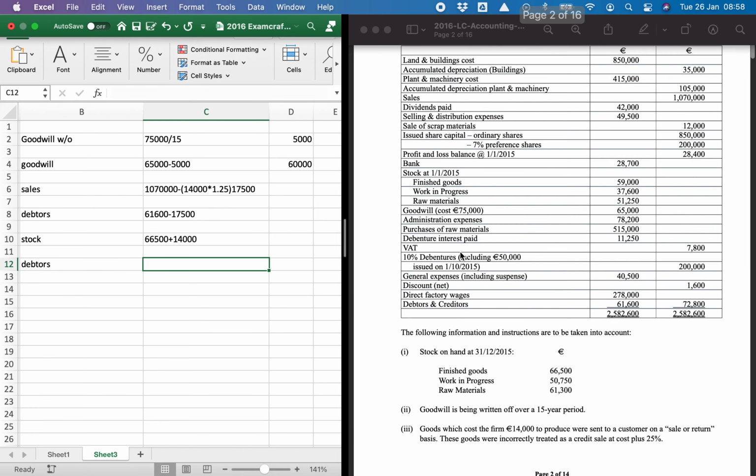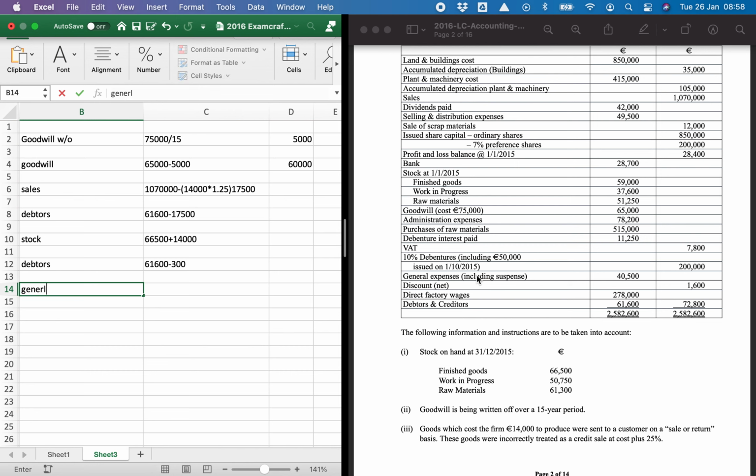So debtors has to go down by €300. We'll find our debtors, 61.6, and take away 300 from that, which means now that the debit side is 300 less than the credit. So to make it equal, we'll have to add 300 on to general expenses. We're going to add 300 on there.